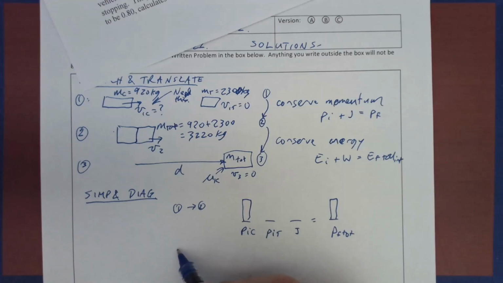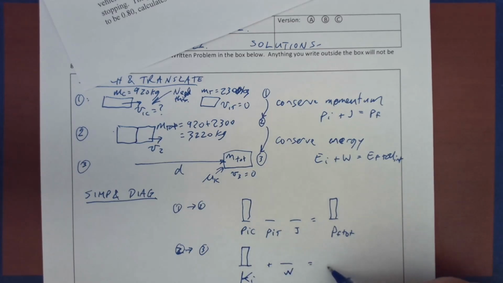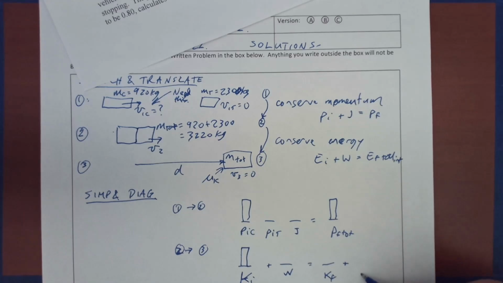And from 2 to 3, that thing is sliding, so the kinetic energy initial plus the work is equal to the kinetic energy final plus the delta U internal, which is equal to the Fk times d. That's where all the energy goes.